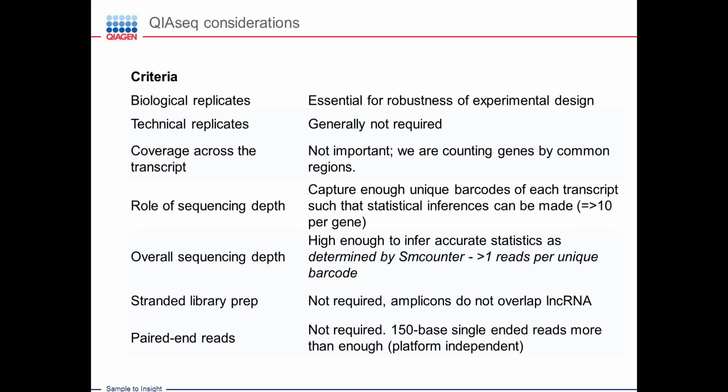We don't cover across a transcript. We're designing amplicons to a common region of a transcript for each transcript. We're doing multiplex PCR, and we're giving the bioinformatics people leeway in picking a region of the gene that is very constrained for their algorithm for primer design.